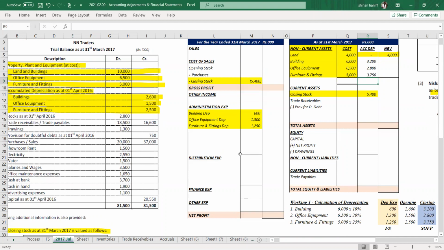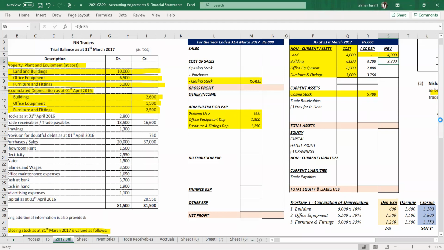So from this question, I want you all to understand the formatting part. Then one by one, I will explain the adjustments. Okay. Now the net book value of asset is cost minus accumulated depreciation.